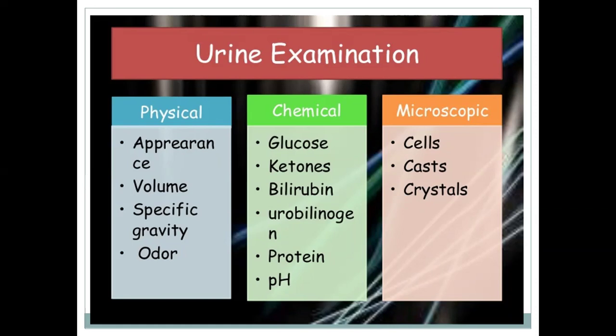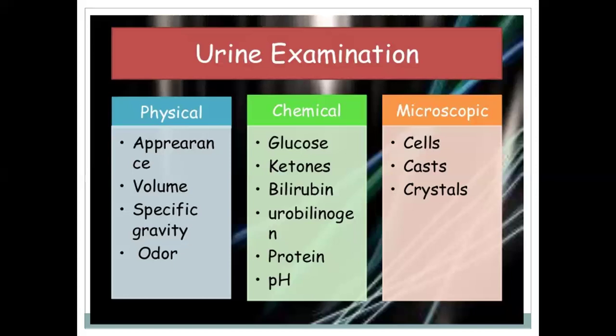Almost colorless urine is seen on a large fluid intake or in conditions of chronic interstitial nephritis or untreated diabetes mellitus. Colorless urine is also seen in diabetes insipidus, ingestion of alcohol or caffeine, and in diuretic therapy.